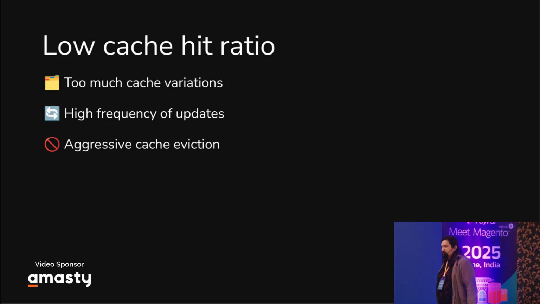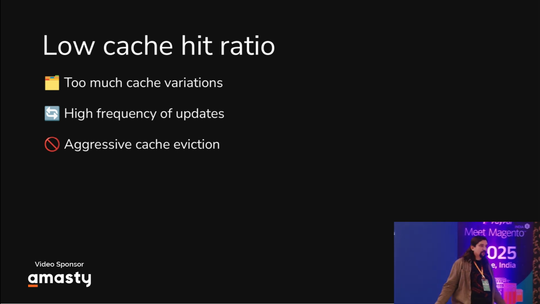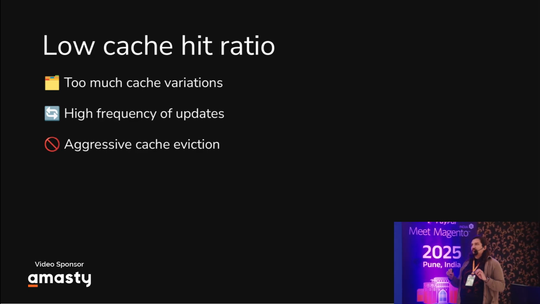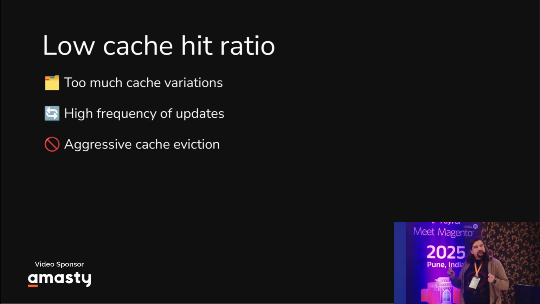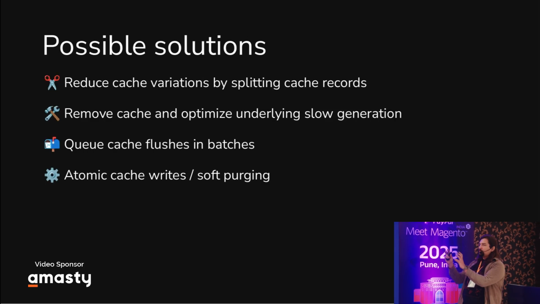So, possible solutions to that. One of them is to reduce cache variations. What I see a lot, especially in extensions, is people building cache keys with a lot of input arguments in them. Let's say we have a cache for this small block where we have an attribute value affecting the final cache value. However, this big structure is the same for the majority of the products, right?